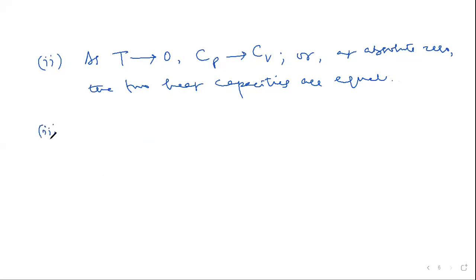Third thing, Cp is equal to Cv when ∂V/∂T at constant P is zero.